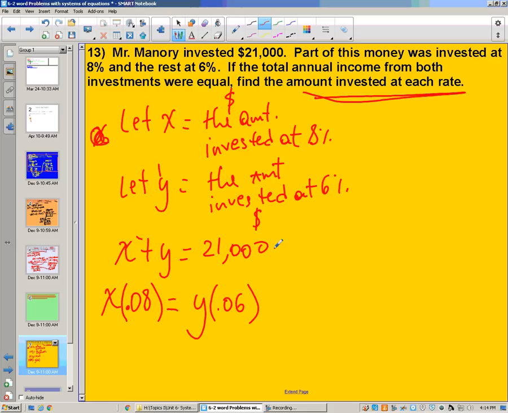So let me just write this in a more algebraic way. x plus y is 21,000, and then 0.08x equals 0.06y.